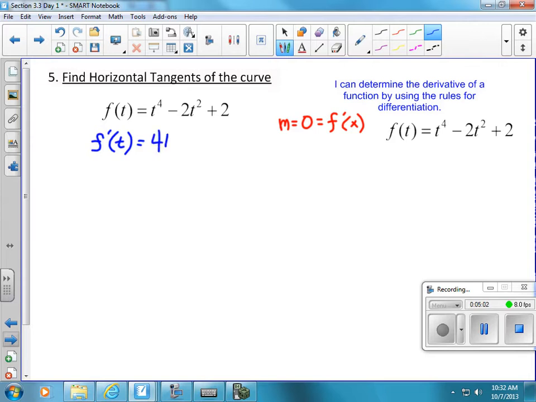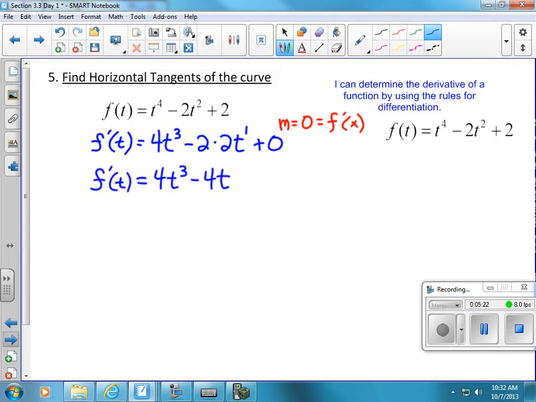We have 4 times t cubed minus 2 times 2t to the 1, and then the derivative of 2 is 0. So our derivative function is 4t cubed minus 4t.